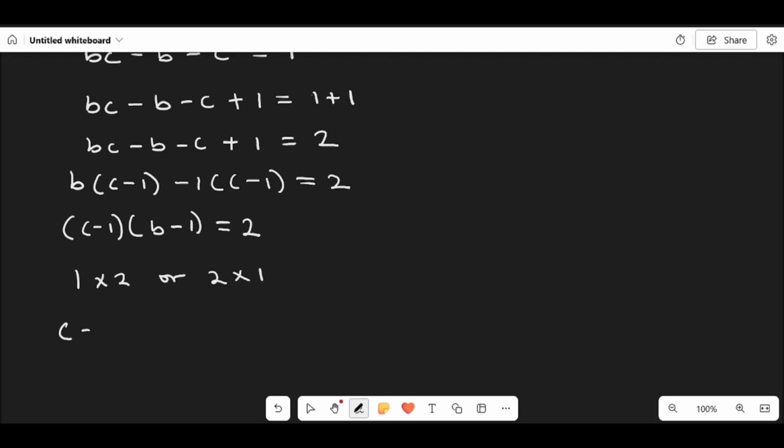Now if we add 1 to both sides, c equal to 1 plus 1, which equal to 2. If we add 1 to both sides, b equal to 2 plus 1, which equal to 3.